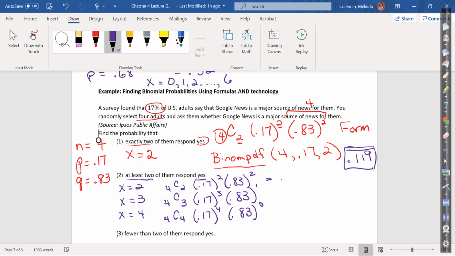This top one we already knew was 0.119. The next value, if you do it correctly, is 0.016. And the last one is 0.00083. So that means a lot of decimal points.